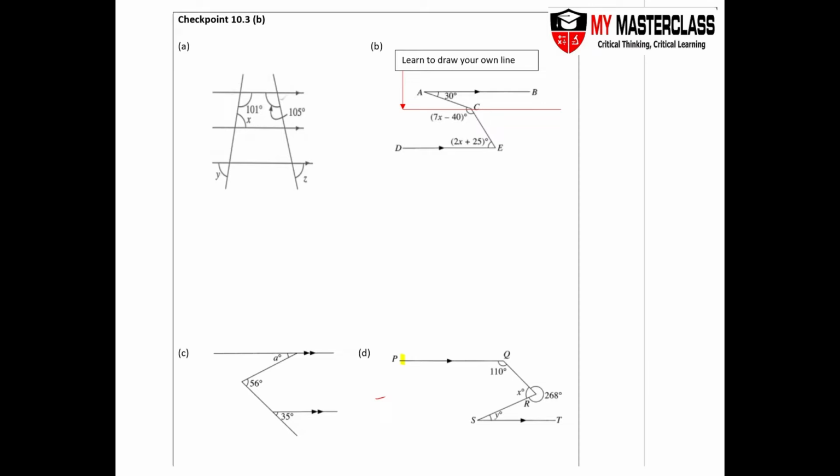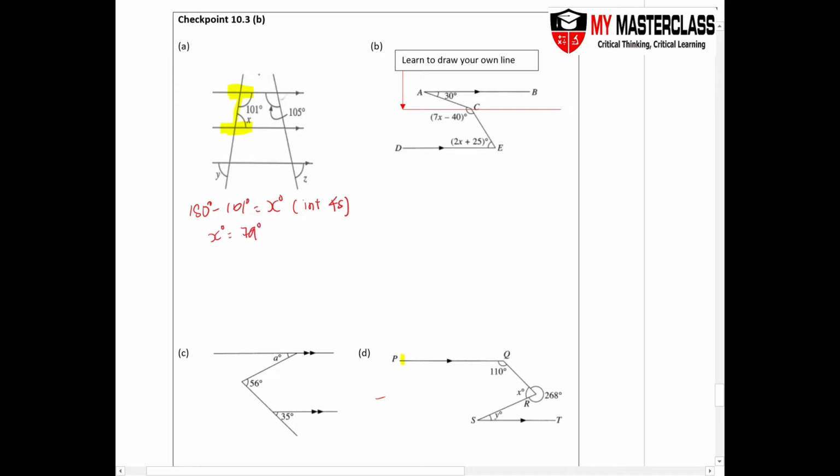So you see in this diagram, it's quite straightforward for x. You have interior angles over here, so 180 minus 101 would give you x degrees. Why? Because of interior angles. They didn't tell you which lines are parallel, so it's fine, you don't have to write the parallel pairs, which means x equals 79 degrees.